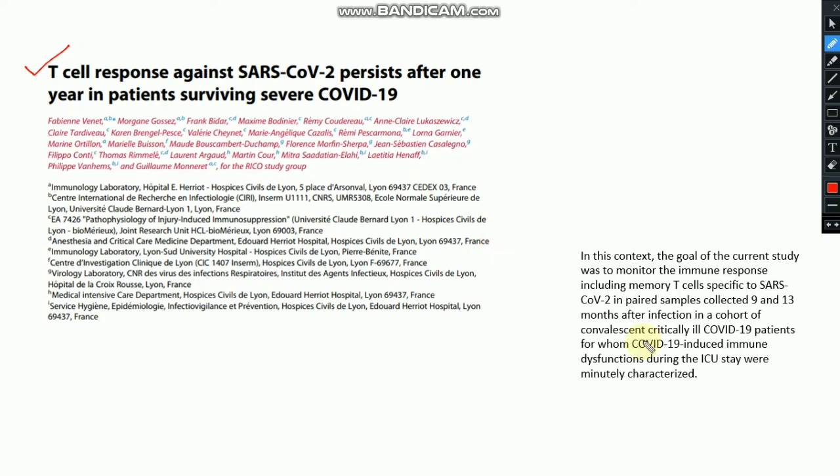What they did here is, the COVID-19 patients were divided into different categories, and they collected samples, like samples from 9 months and 13 months after infection of COVID-19 patients, as well as some other kinds of samples. So let's move on to the next slide. I'm gonna show you the result of this paper.